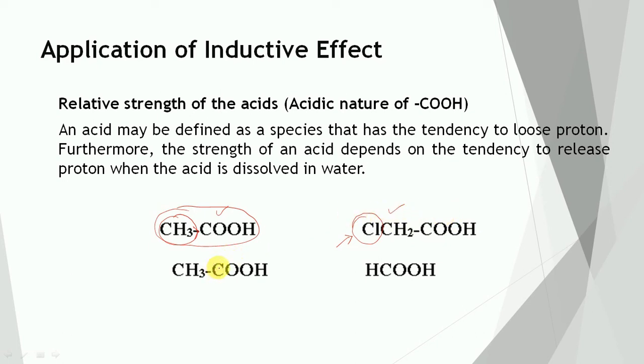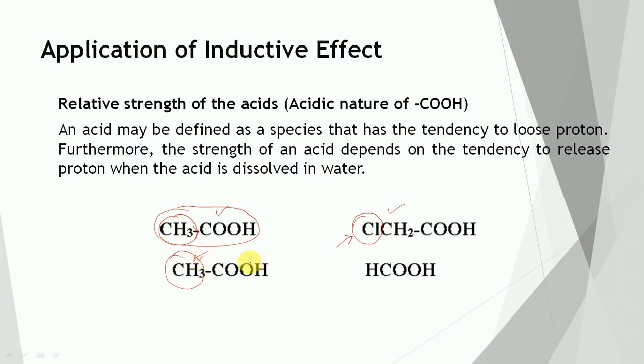And if we compare acetic acid and formic acid, then formic acid is the stronger acid in comparison to acetic acid. The reason is that in acetic acid, as I already told, there is the electron releasing inductive effect of this methyl.